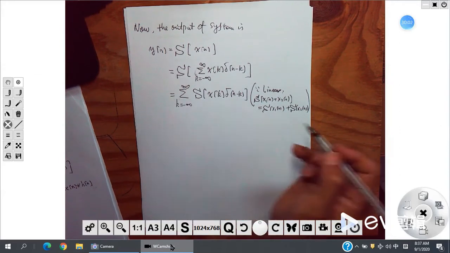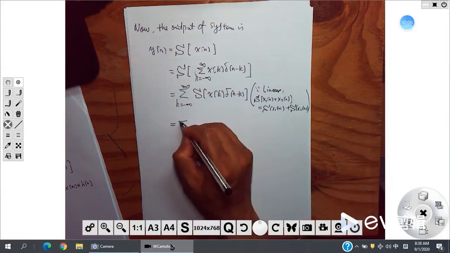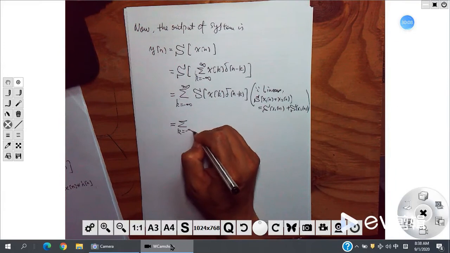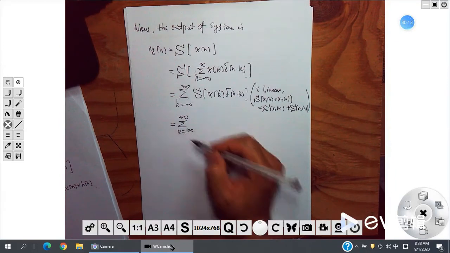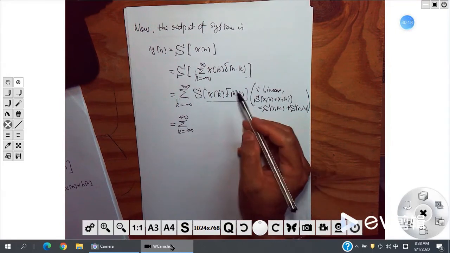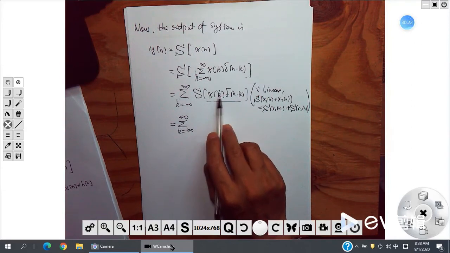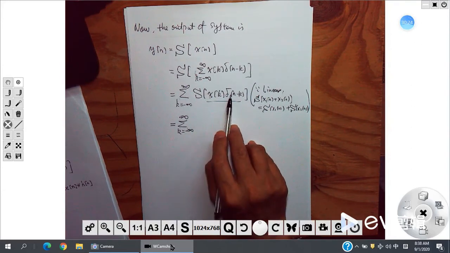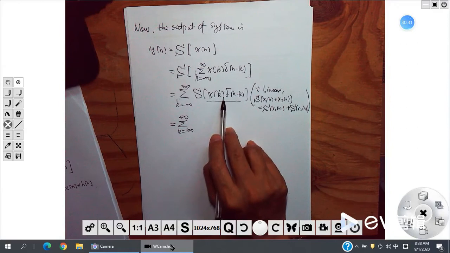The next step, I keep the summation from here to here and copy it, then S of these. Here x of k is a fixed number, so this is a number times a signal. You have delta of n minus k, which is a signal, where n is the time and is changing. So it is a signal times a constant.